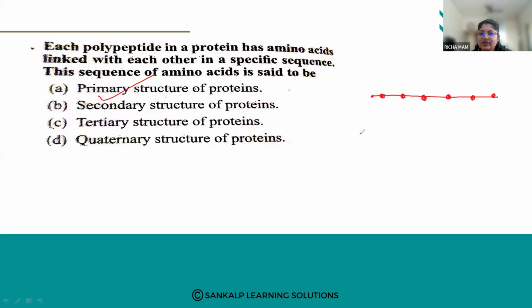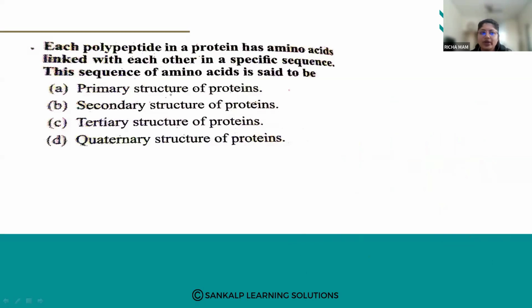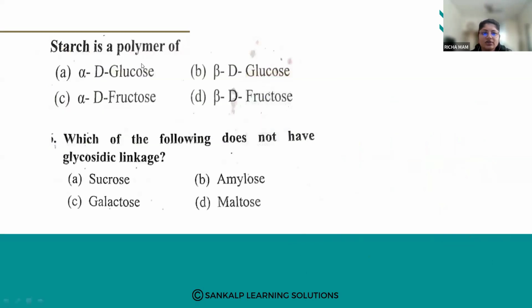Secondary is like a spiral, tertiary is folded like this, and quaternary is very rigid. So in primary, they are linked in a specific sequence. Let us go for the next question.